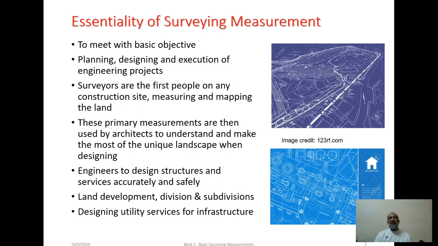These primary measurements are then used by a number of agencies, maybe various engineers, architects and such service providers. This is a very useful tool for land development as well as division and subdivision of various lands. It is essential, in common terms, to design all the essential services for infrastructure.